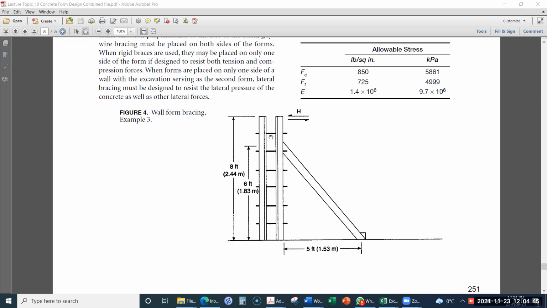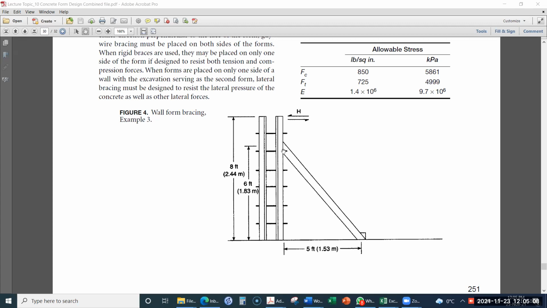In the previous example, example number 2, we have already looked at the design of the sheathing and these two cross beams which provide the support for the wall formwork sheathing, and then these lateral ties.